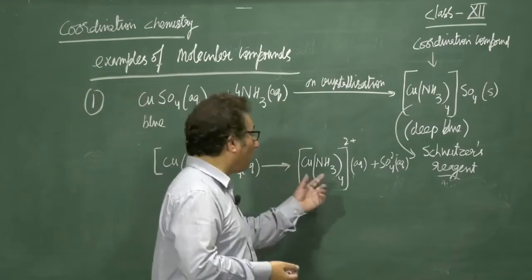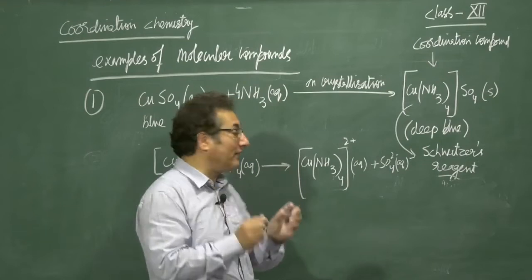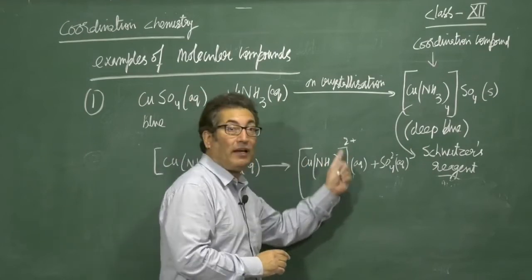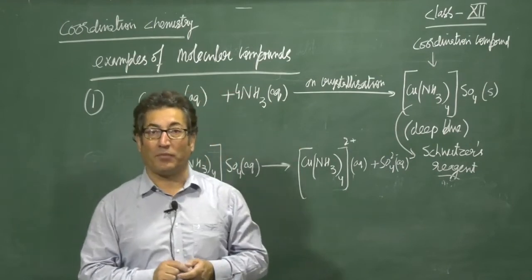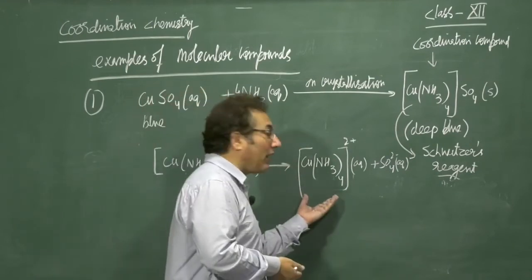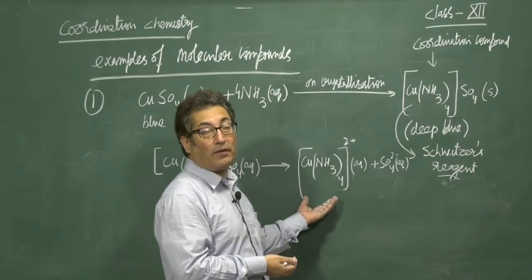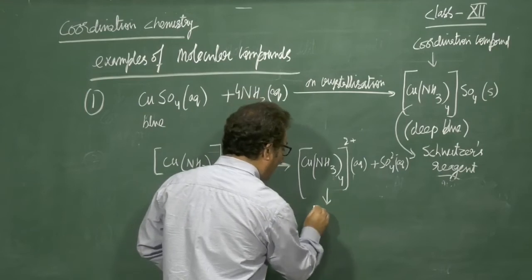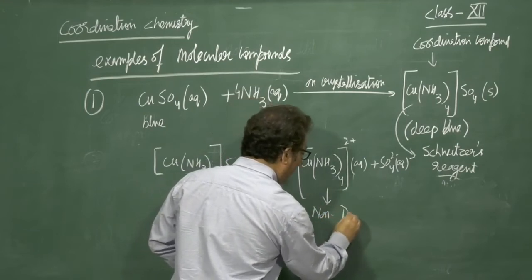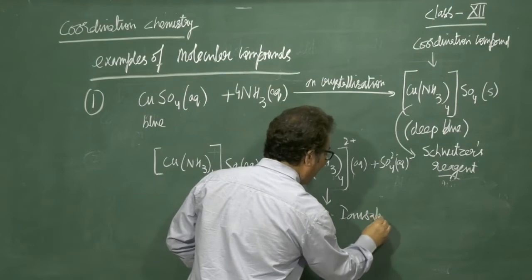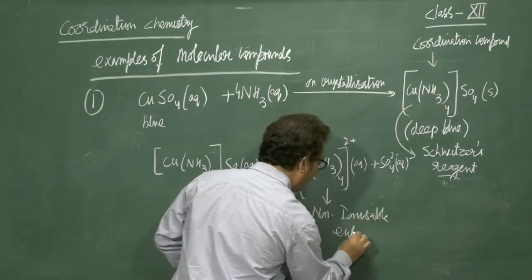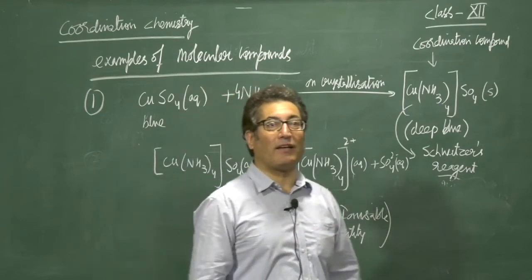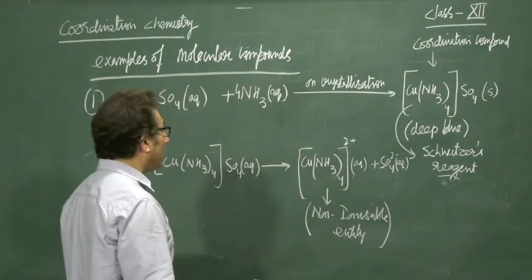Because copper and ammonia are not present as individual species. They are part of a single species. That species is present in the coordination compounds, while that part is not present in the double salts. This part is the non-ionizable part. It's a non-ionizable entity. Entity means part. This is where double salts differ from coordination compounds.